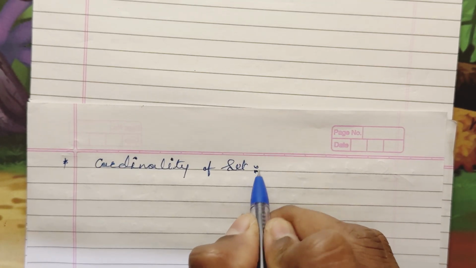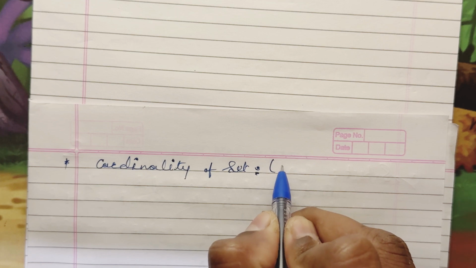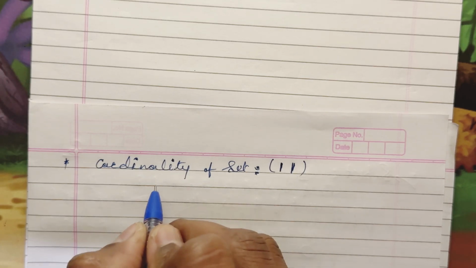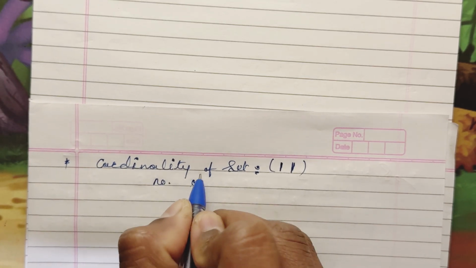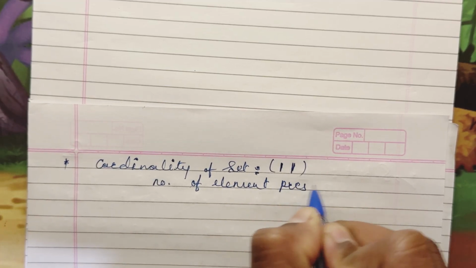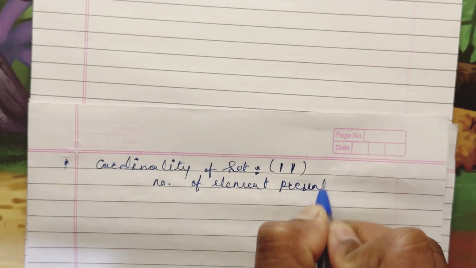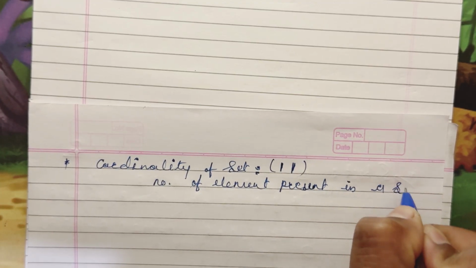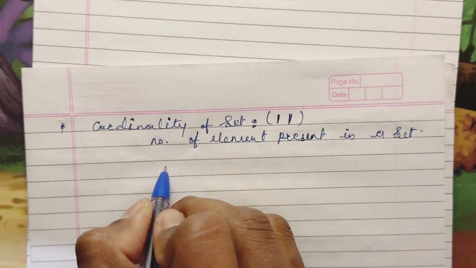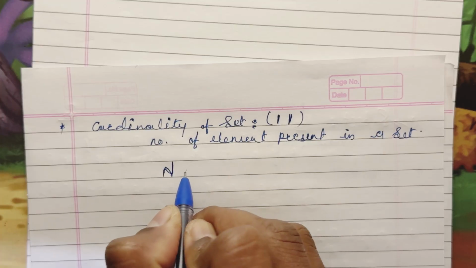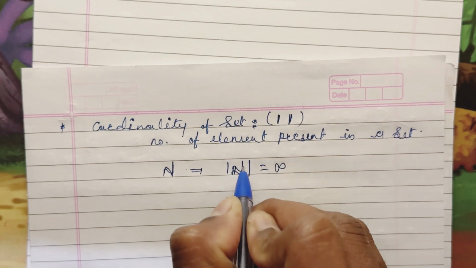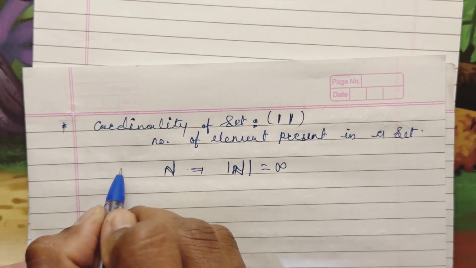We denote this with modulus bars. So the number of elements present in a set is called the cardinality of the set. For example, if I consider the natural numbers, the cardinality of the natural numbers is infinity.